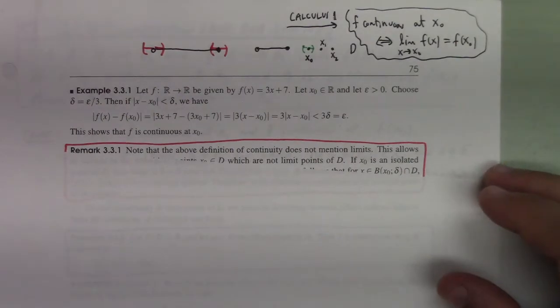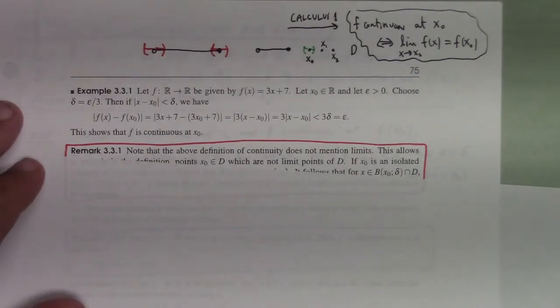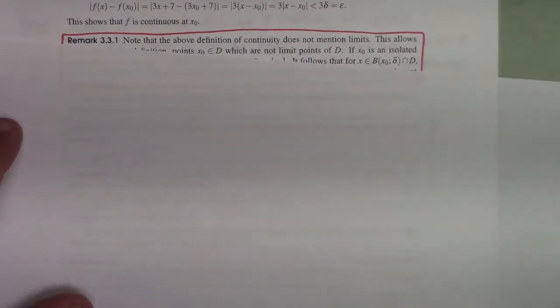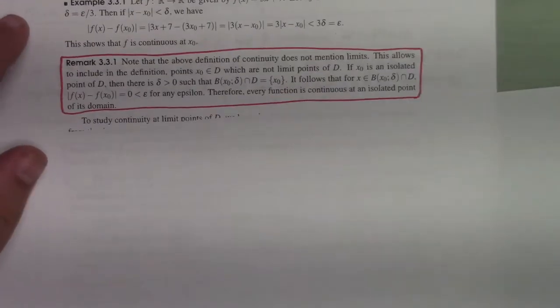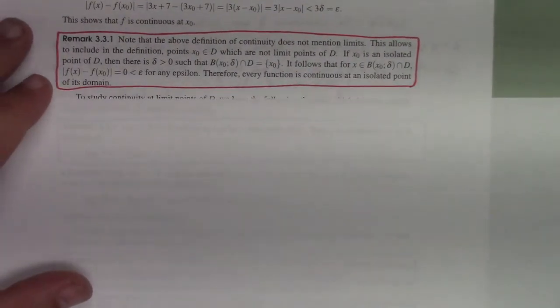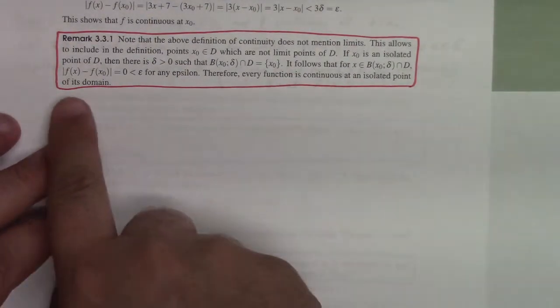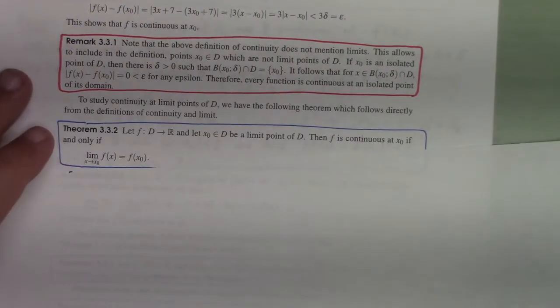All right. Of course, we're kind of getting on the edges of what we intuitively want continuity to mean in terms of gluing points together, right? But all right. So, as he says here, therefore every function is continuous at an isolated point of its domain. Great.